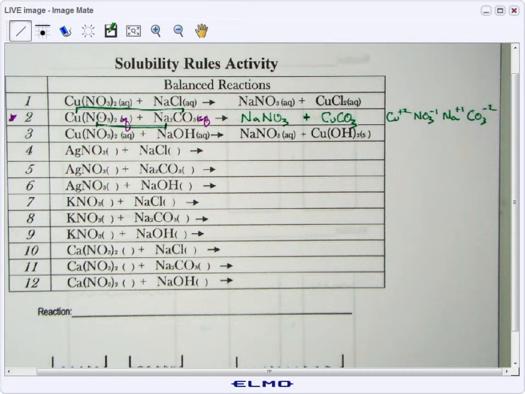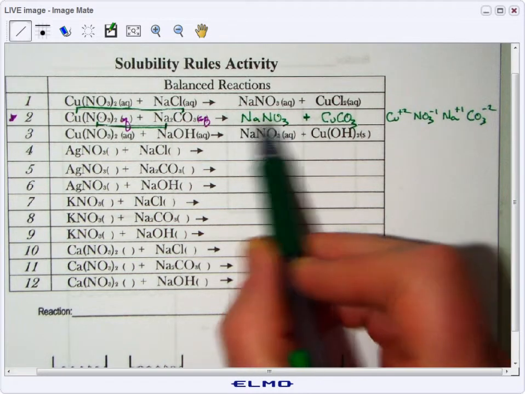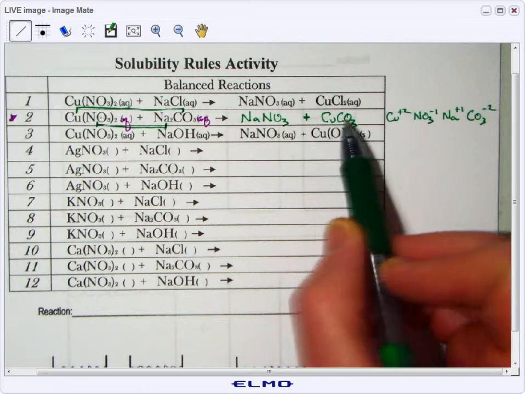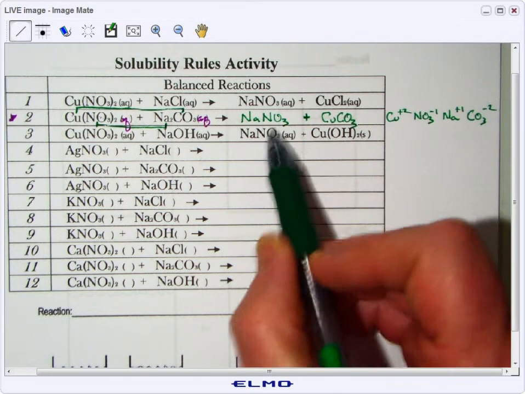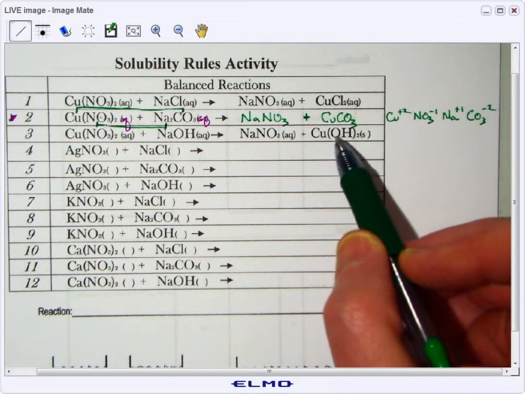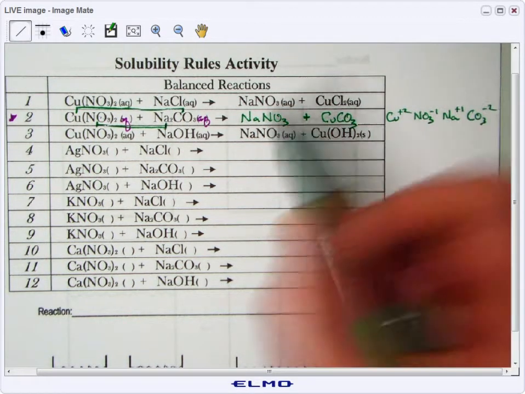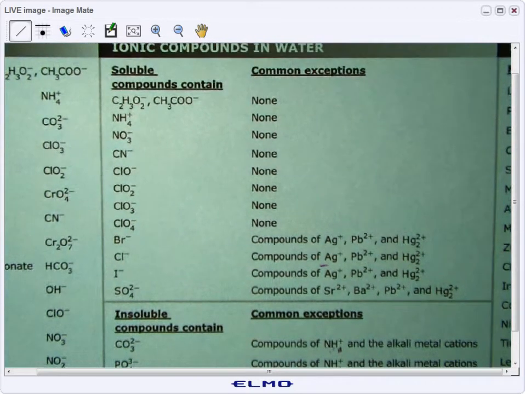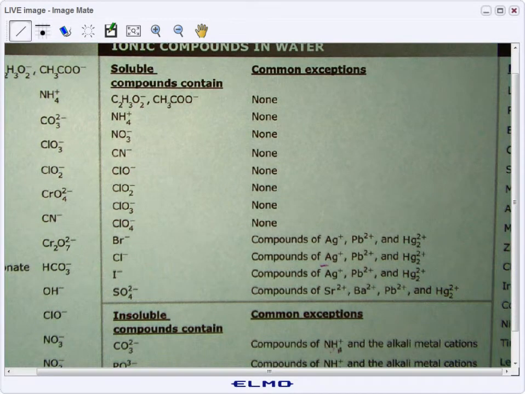So the question is now, will this dissolve in water? Will the sodium nitrate dissolve? And will the copper carbonate dissolve? So we want to focus on the second half, the negative ion or the anion. So let's find NO3 in our periodic table. And is NO3 soluble or insoluble?